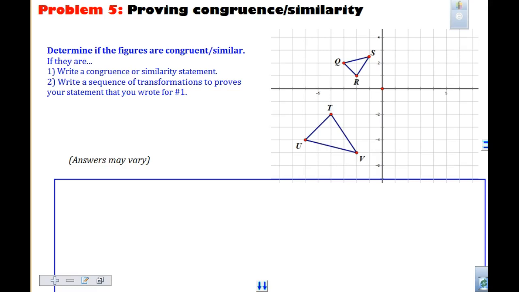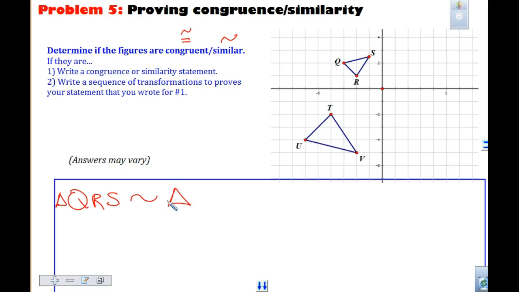So as we look at this last one, Andy, if we're starting small, similar, congruent. Congruent. Wait, are they the same size? Oh, similar. Yes, definitely similar. So our notation for similar versus our notation for congruent. Since we're going to start with the small one, triangle Q to R to S, similar to triangle.